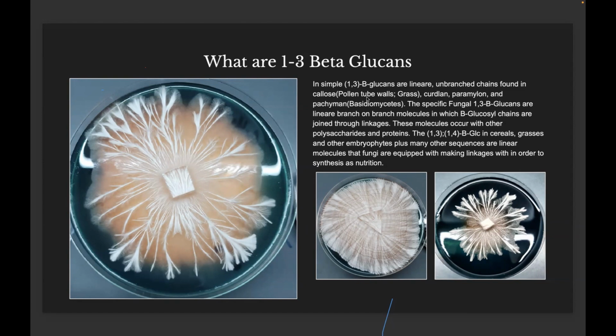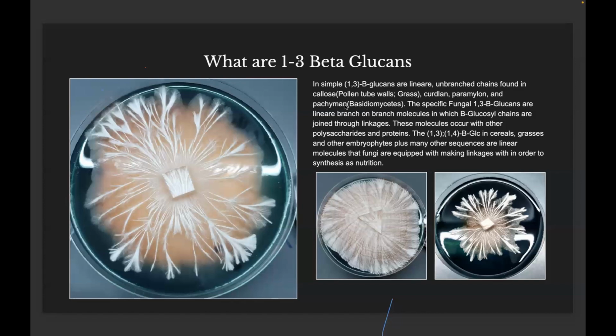The specific fungal 1,3 beta glucans, which we mentioned here, are pachyman. 1,3 beta, they're linear, unbranched molecules in which beta glucosyl chains, right? These are joined together through these linkages. We've talked about these chain links. These molecules occur in other polysaccharides and proteins. 1,3 and 1,4 beta glucans in cereals, grasses, and embryophytes, which are bugs. So bugs, we always know bugs are synonymous with fungi.